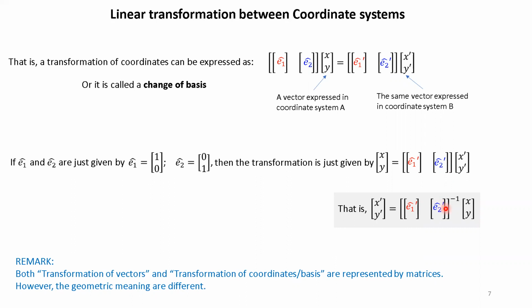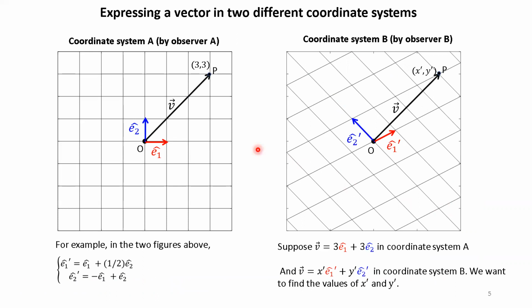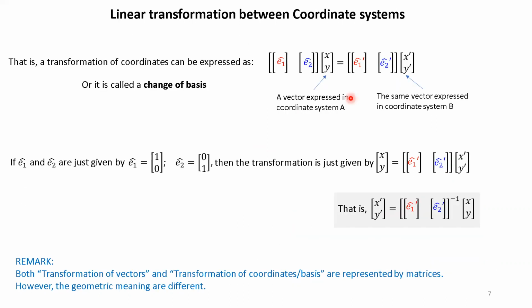Here, the vector itself is not changing, just the coordinate system or the basis changes. So this is the geometric meaning that you need to remind yourself is different. Both transformations of vectors and transformations of coordinates or bases are represented by matrices, but the geometric meaning is different.